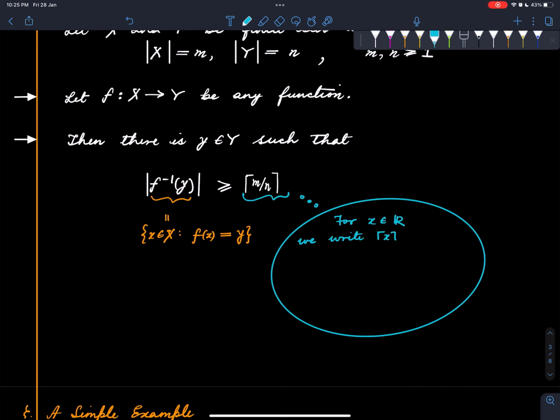This is read as ceiling x, to mean the smallest integer which is greater than or equal to x.